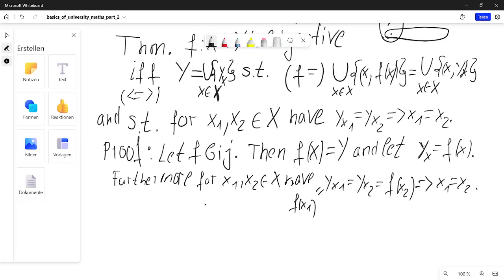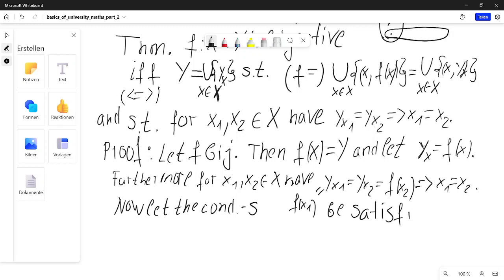Now we prove the other direction. Now let the conditions be satisfied, and show f is bijective.